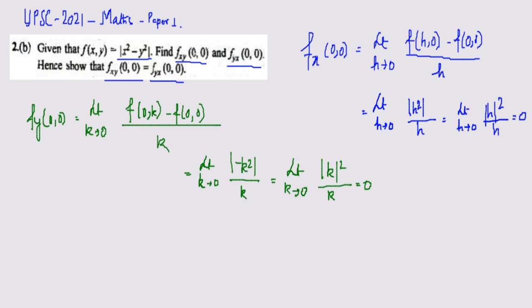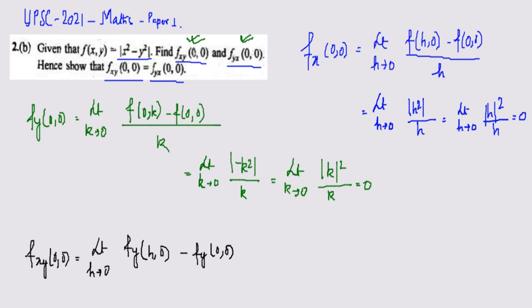Now we have to find the values of f_xy and f_yx at (0,0). f_xy at (0,0) we can write as the limit as h tends to 0 of [f_y(h,0) - f_y(0,0)]/h. Let us take this as equation 1.